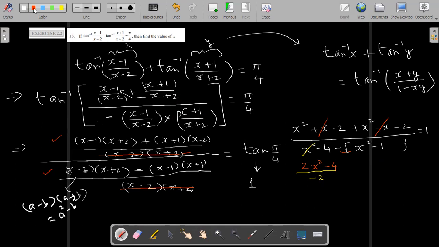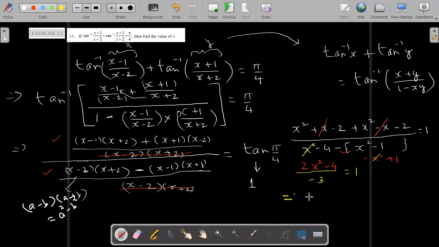So now when you multiply, this will become minus x square and plus 1. So minus x square plus x square cancelled, and minus 1 plus minus 4 plus 1 will be equal to minus 3. This minus 3 is equal to 1.